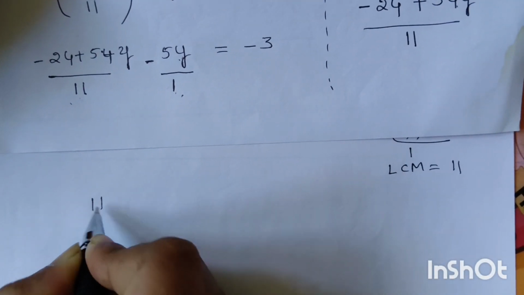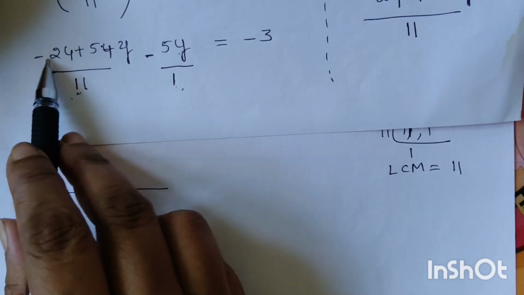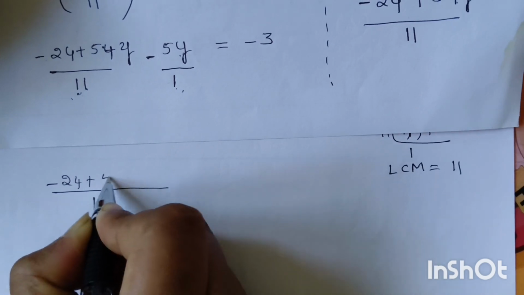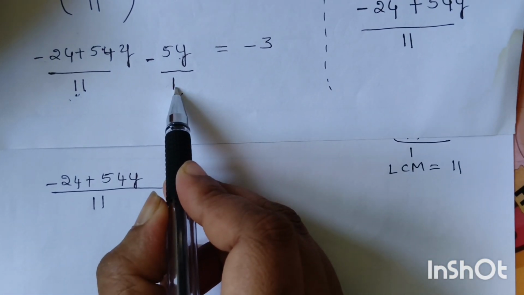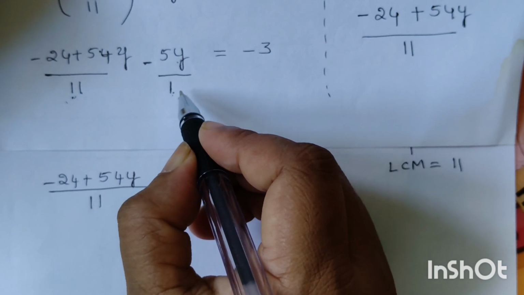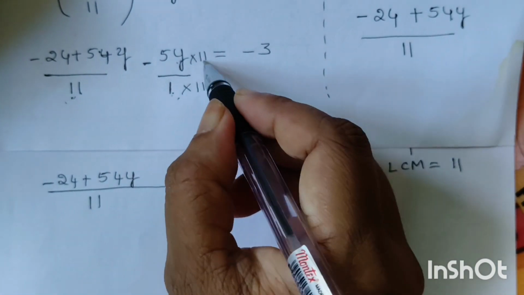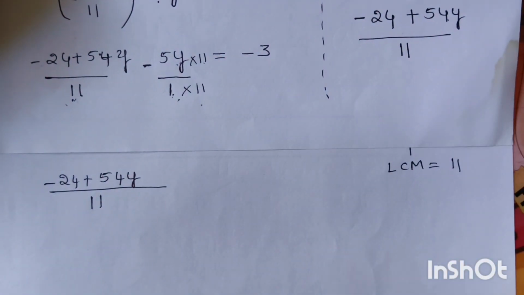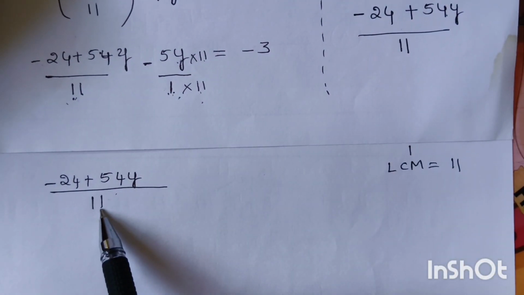Already in the denominator we have 11, so I will write this directly: minus 24 plus 54y. Here, 1 is there. We have to equalize the denominator to 11, so let me multiply 11 to both the numerator and denominator. 1 into 11 is 11, already it is there.